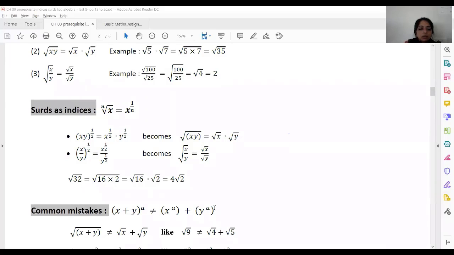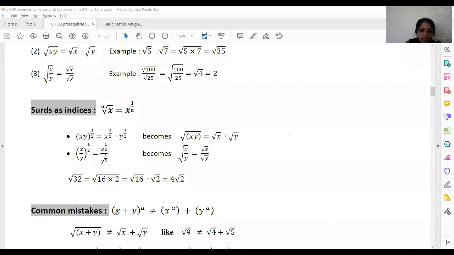Now, the common mistakes made by students. For x plus y whole raised to a, students may write x raised to a plus y raised to a. Dear students, we can write this only if there is a multiplication or division symbol. If we have x into y raised to a, then we can write x raised to a into y raised to a.